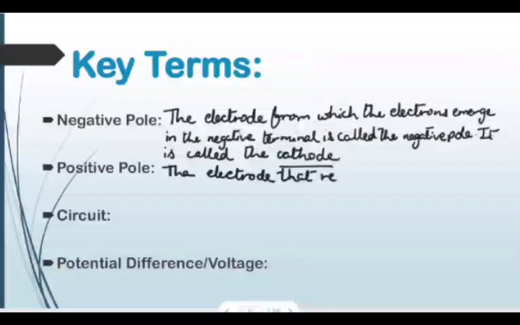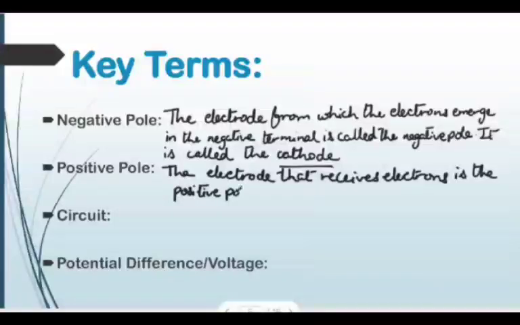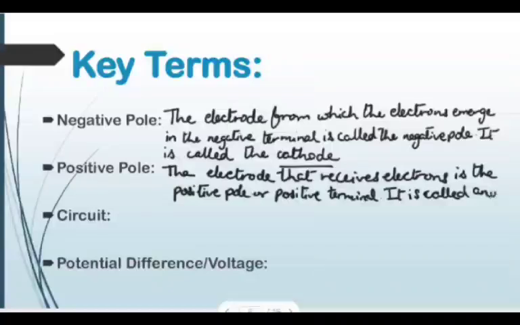So this one, the positive charge, the longer one, receives electrons, is the positive pole or positive terminal. It is called anode.